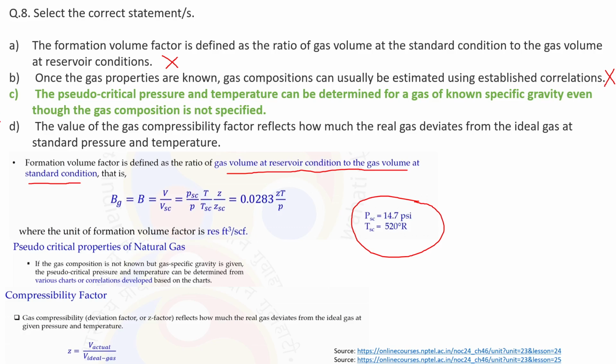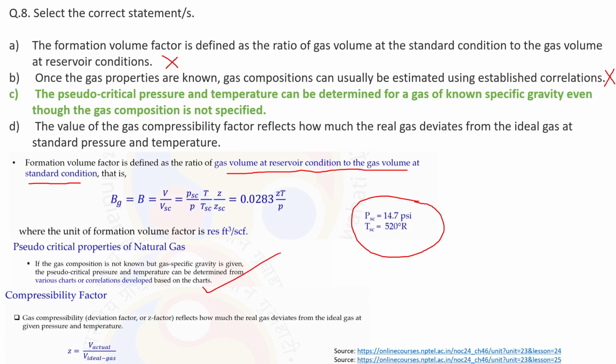Third is that the pseudo-critical pressure and temperature can be determined for a gas of known specific gravity even though the gas composition is not specified. The pseudo-critical properties of natural gas say that if the gas composition is not known but the specific gravity is given, pseudo-critical pressure and temperature can be determined from various charts or correlations developed based on the charts.